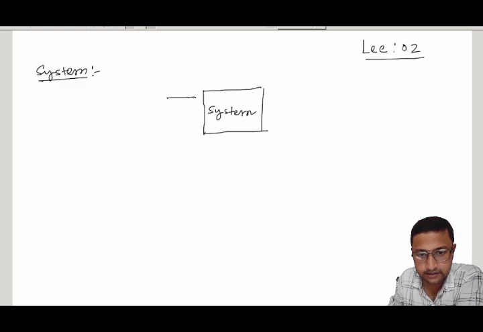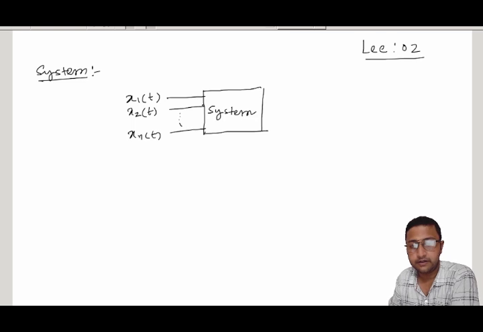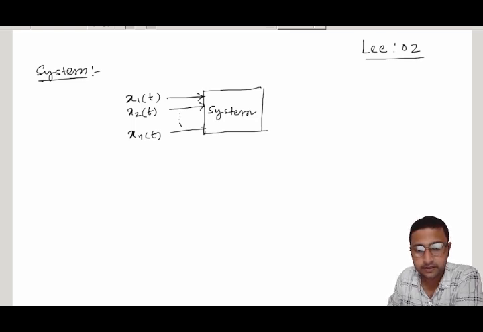It takes the input signal. Suppose the input signal is x1 as a function of time, x1(t). Suppose the second signal is x2(t), and so on up to xn(t). It takes the input signals and produces the corresponding output.